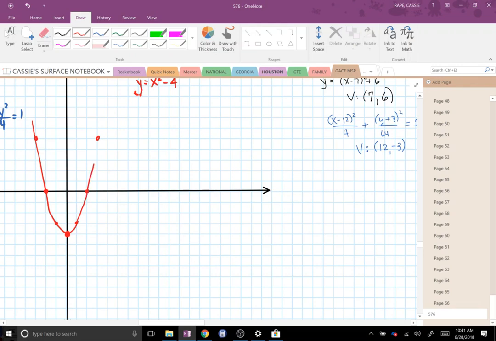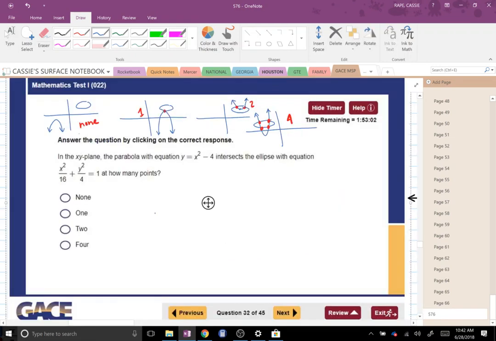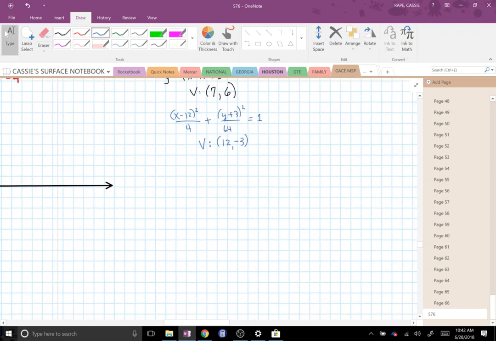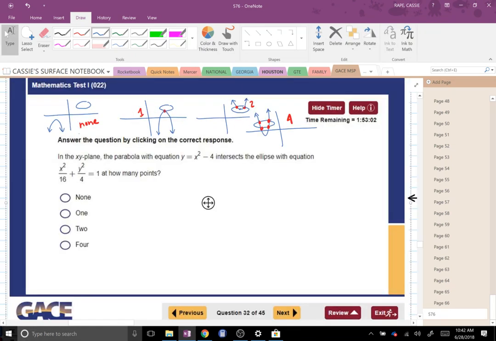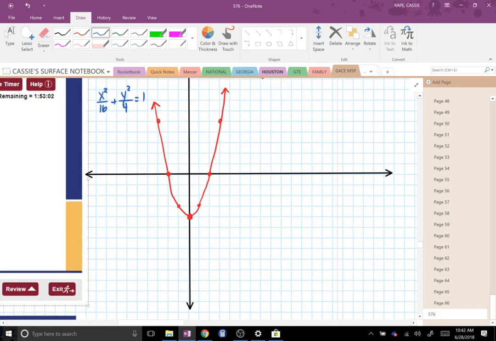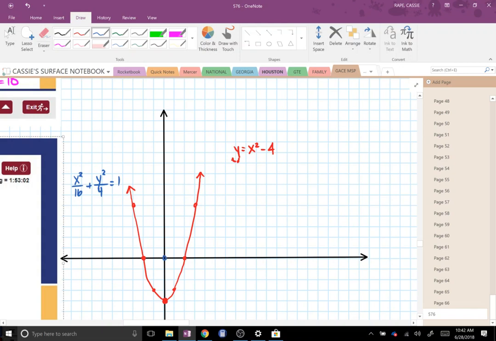Now your ellipse, remember that with an ellipse, the center is based on what's in parentheses being added or subtracted to x and y. Since there's nothing there, that means that the center is at 0, 0.